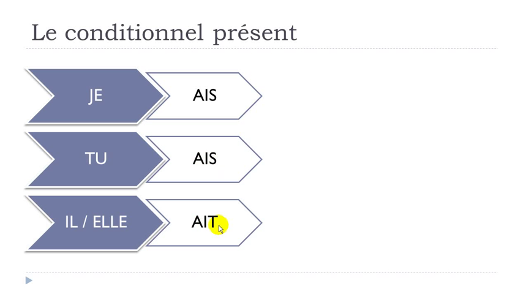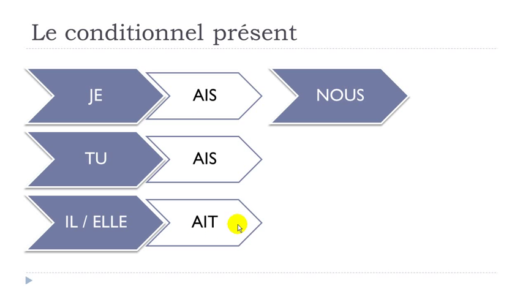The good news is that even if we write them differently, like you see here, we pronounce them the same way. And it goes like eh, eh, eh. Alright? So as usual in French, what you pronounce is not that difficult in a way, but then remember how to write them. AIS for je, AIS for tu, AIT for il, elle.